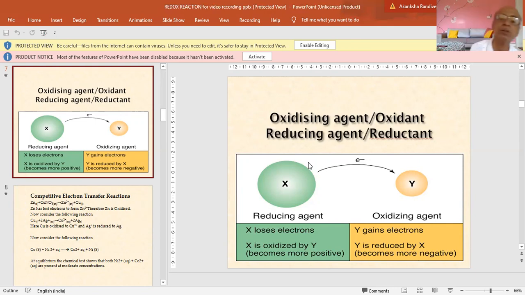That means X is oxidized by Y and Y is reduced by X. So by losing electrons, a species becomes more positive, and by gaining electrons, a species becomes more negative.